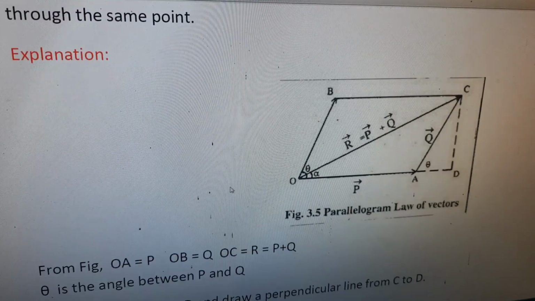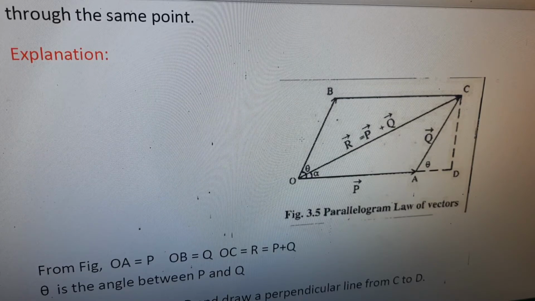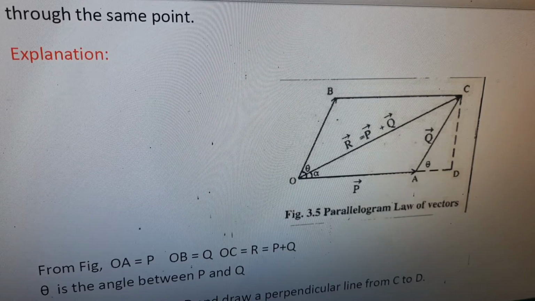Now we can explain the parallelogram law of vector. So we can take the two vectors P bar and Q bar. OA is the adjacent side and OB is the other adjacent side of the parallelogram, and we can take the resultant vector, means the sum P plus Q, it will be represented by R, the diagonal of the parallelogram.